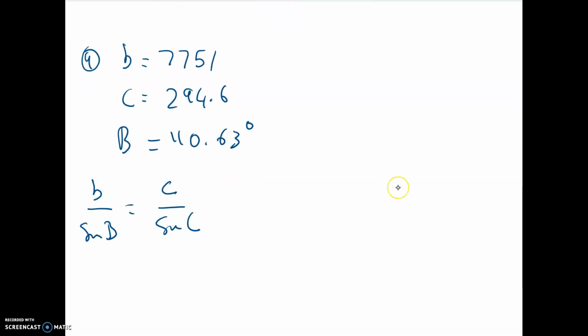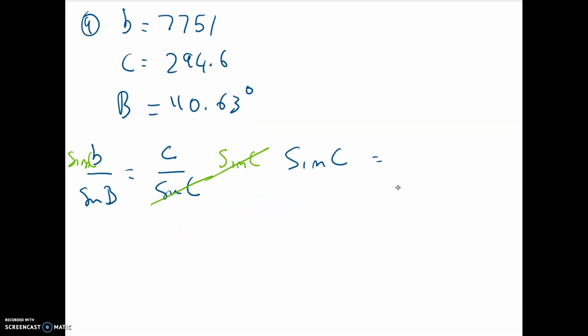So if I want to find the angle C, what I'm going to do is calculate sine C first by multiplying by sine C on both sides. Now c is on the top. Let me write this way: sine C of the angle C multiplied by b over sine B equals c.